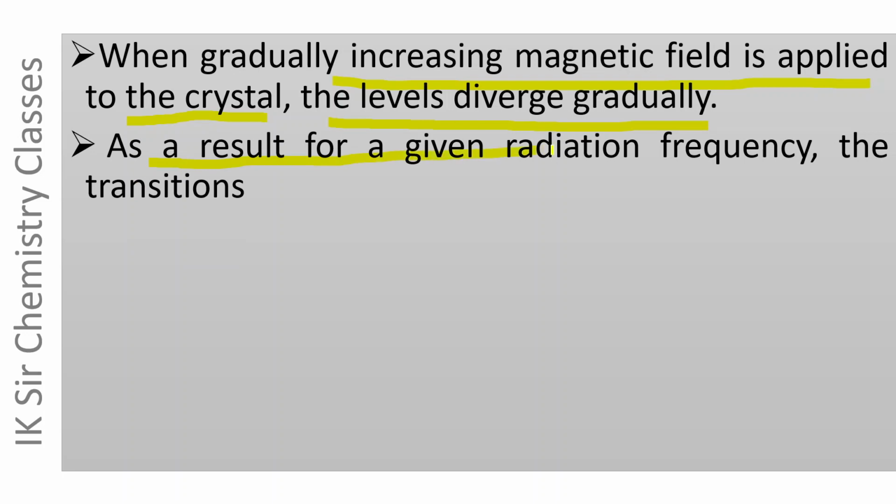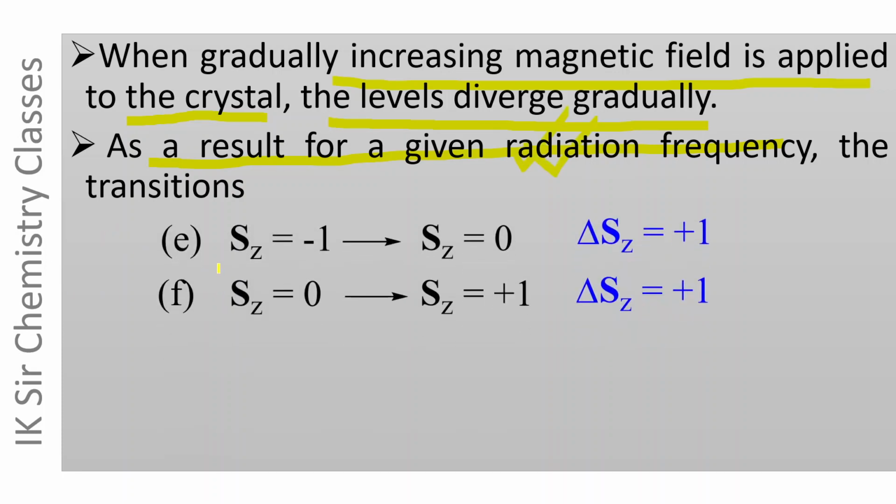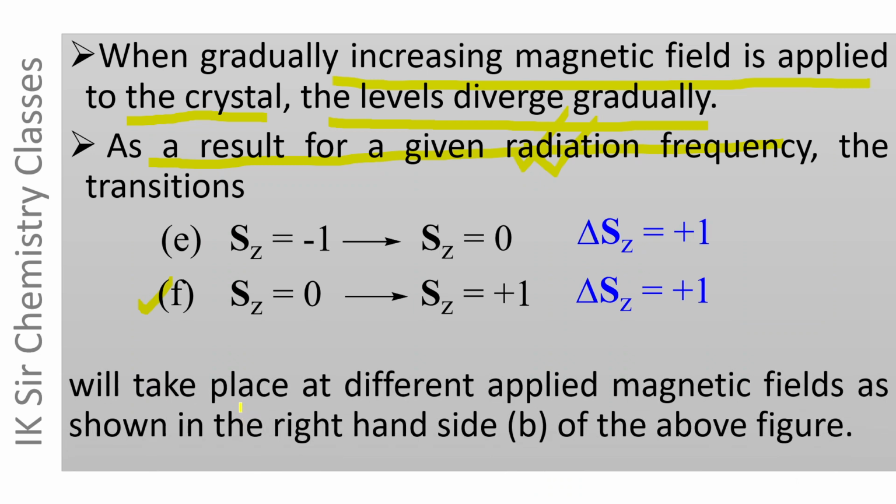As a result, for a given radiation frequency, that is, for a microwave radiation with given energy, the transition E from Sz equals -1 to Sz equals 0 and the transition F from Sz equals 0 to Sz equals +1 will take place at different applied magnetic fields as discussed earlier, as shown in the right hand side B of the above figure.